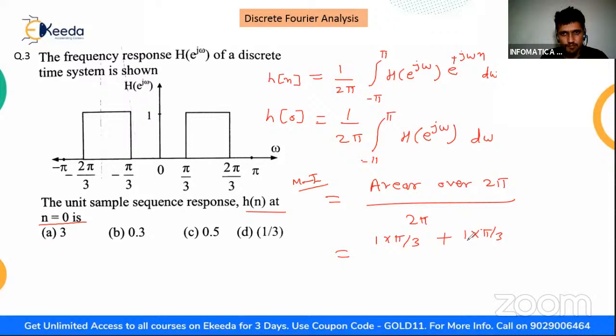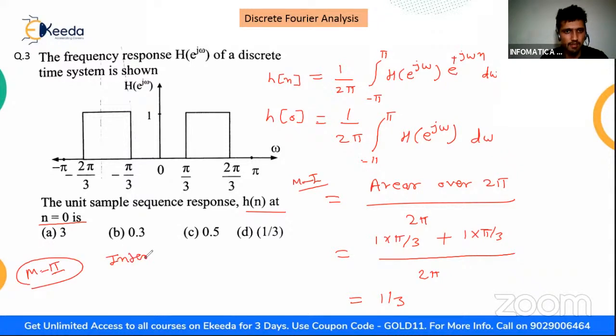Now divided by 2 pi, we get the answer 1 by 3. In method 2, you can just do the integration, which is very easy. Just put the limits and do the integration, because the function is constant and has value 1. So the answer is D.